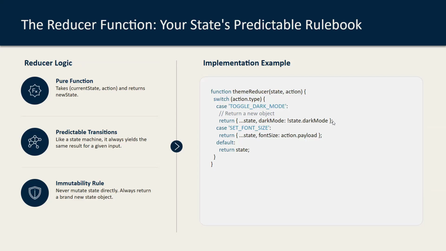Such reducer functions typically use a switch case for multiple actions, and the default case just returns the existing state unchanged if the action type remains unknown. Always notice the use of the spread operator here. That's exactly what preserves the rest of the existing state while updating just one field. So a reducer gives us one centralized, predictable place for all state transitions.